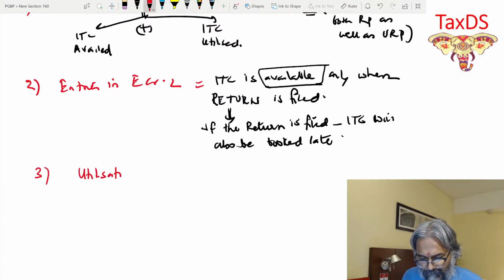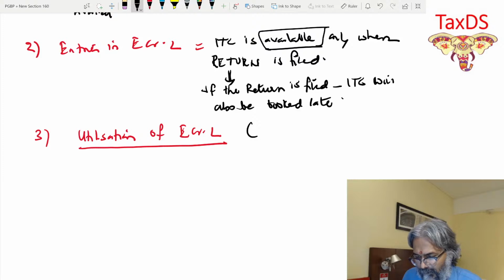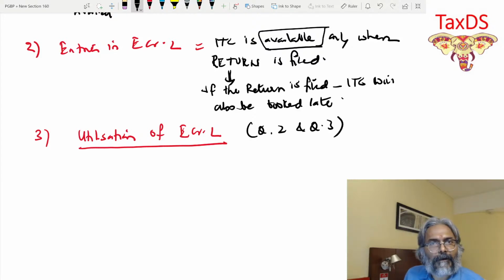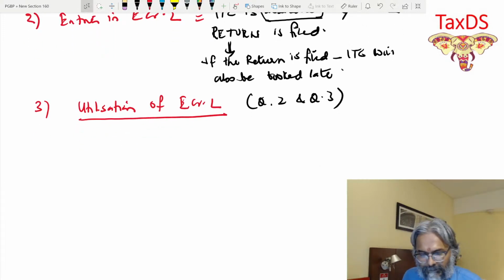The third point is utilization of the electronic credit ledger. This is very important. Just write the other two questions here, question number 2 and question number 3, so that we do the questions along with this and it matches up. Otherwise, we get lost as to what is for what.